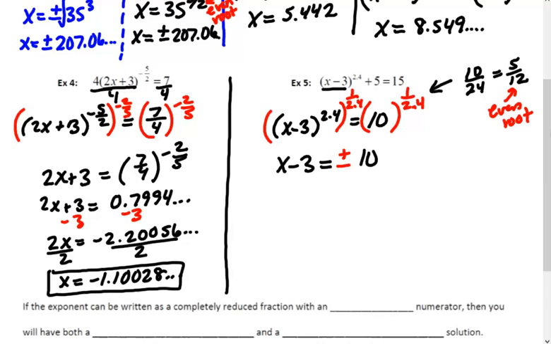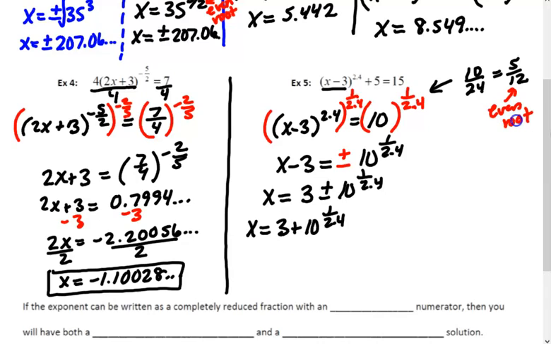So plus or minus 10 to the 1 over 2.4. So that means when I add 3, x is equal to 3 plus or minus 10 to the 1 over 2.4 power. So I'm going to have two solutions. X equals 3 plus 10 to the 1 over 2.4 power, or x equals 3 minus 10 to the 1 over 2.4 power.